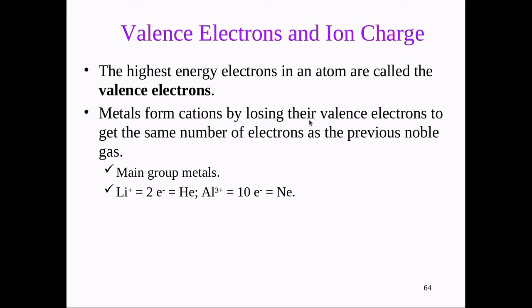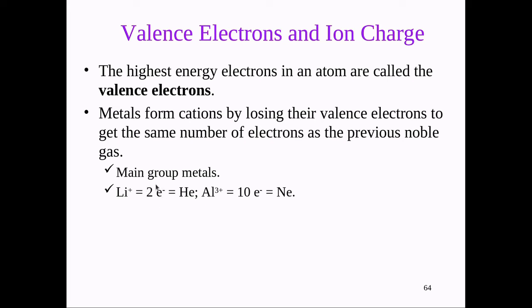Metals form cations by losing their valence electrons to get the same number of electrons as the previous noble gas. Okay, so let's see what that means. So if you think of lithium, it's got 3 electrons as a neutral species. It's going to form a lithium +1 ion.